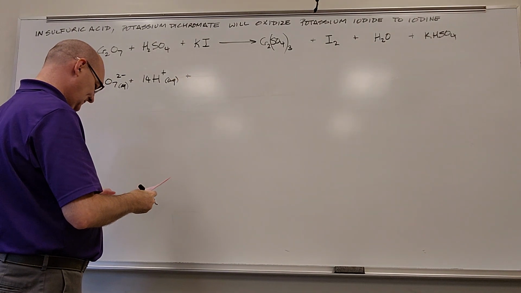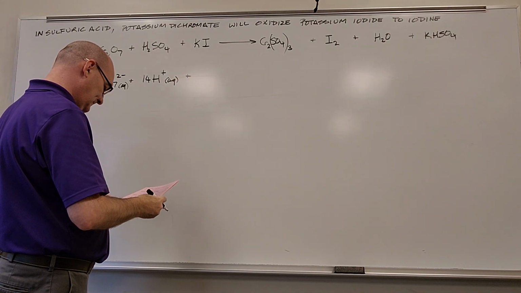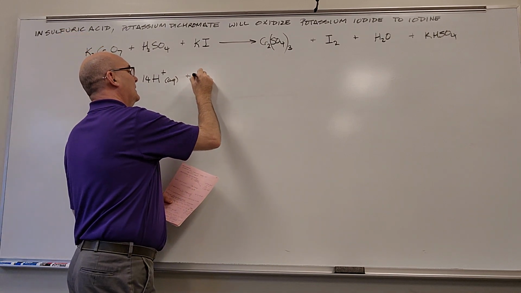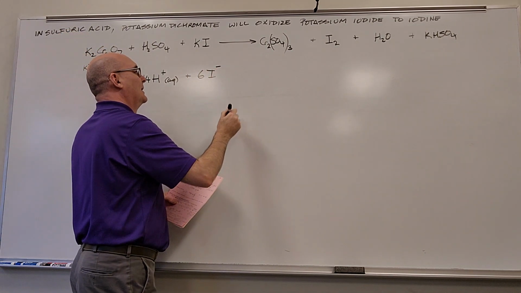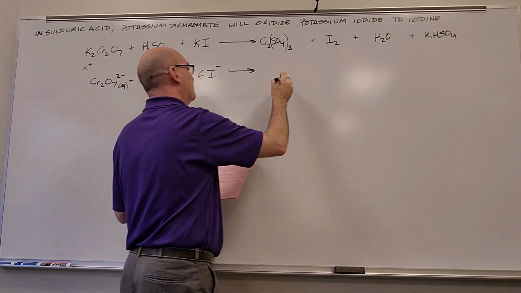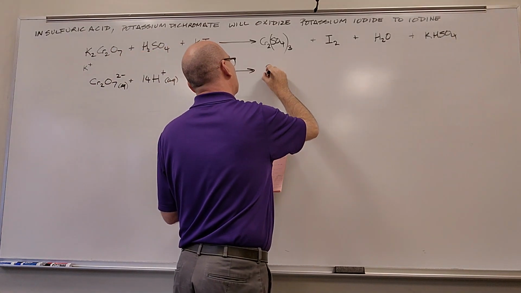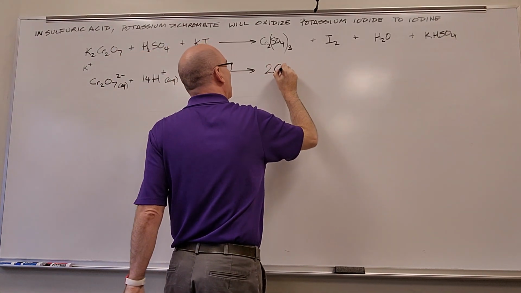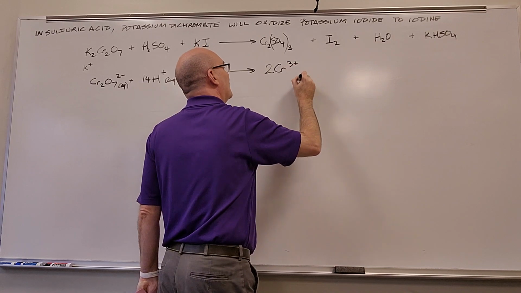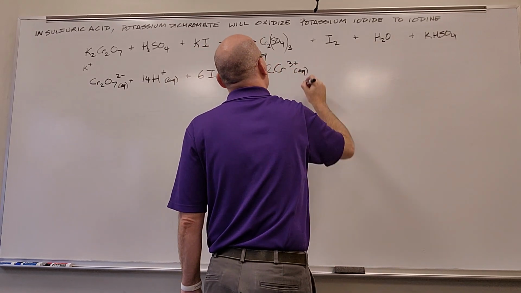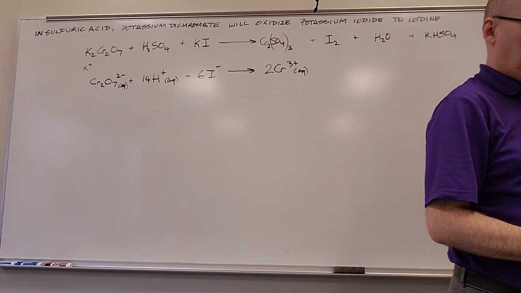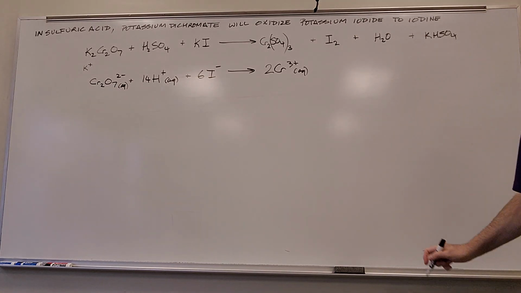Plus six iodides. Go ahead and make 2 chromiums. So they both have to be accounted for, and we get the reduction down to chromium 3 plus.